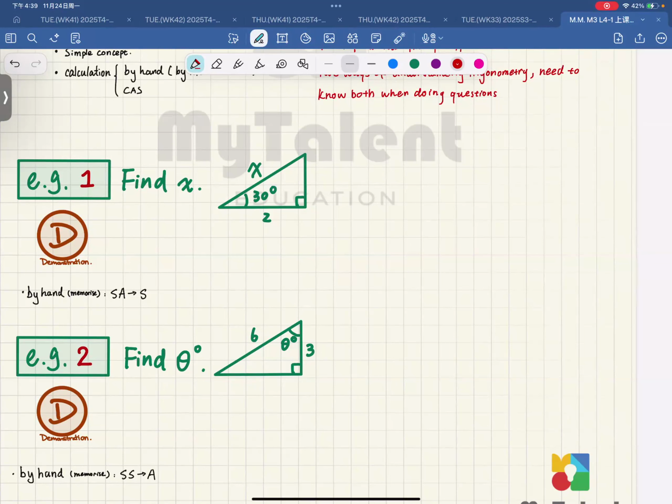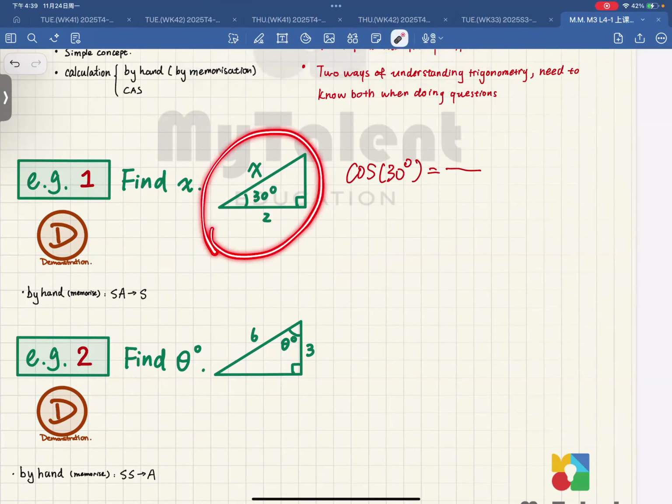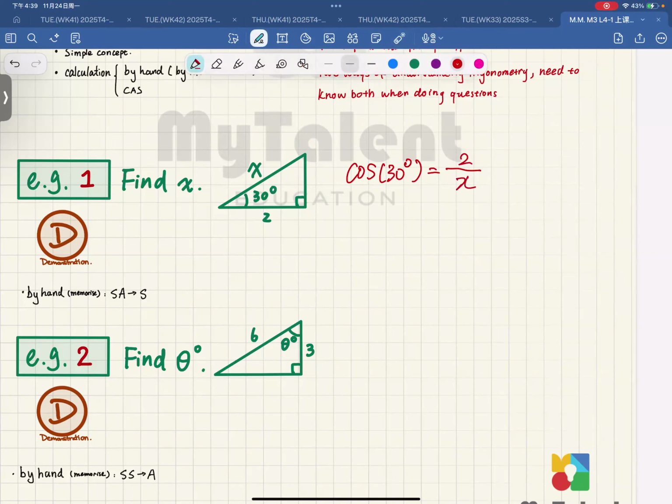Cos, good. So cos 30 degrees is equal to 2 on x.